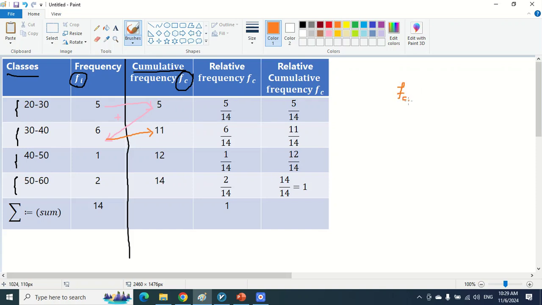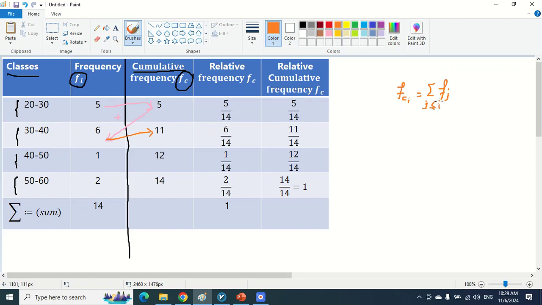When we discuss the cumulative frequency, F of C of i is equal to the summation of f j, all the frequencies where j is less than or equal to i. We can use this formula to calculate the cumulative frequency.